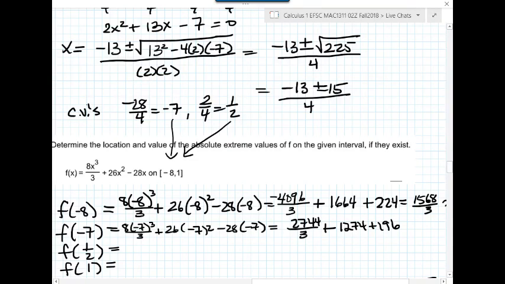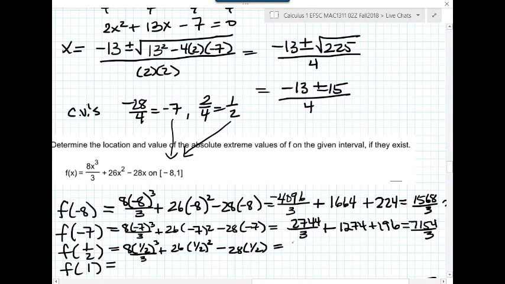So we have negative 7 cubed times 8, which is negative 2744 over 3 plus, we're going to have 49 times 26 is 1274, and then 28 times 7 is 196.